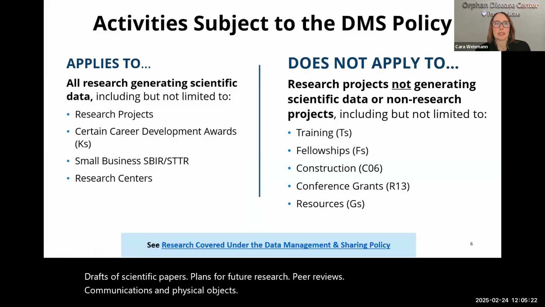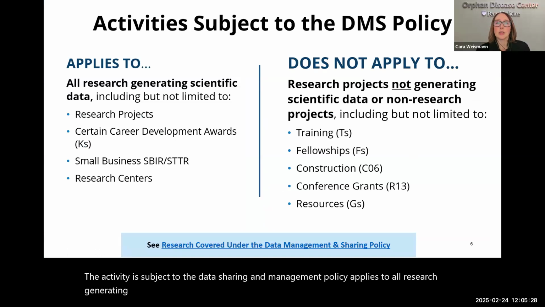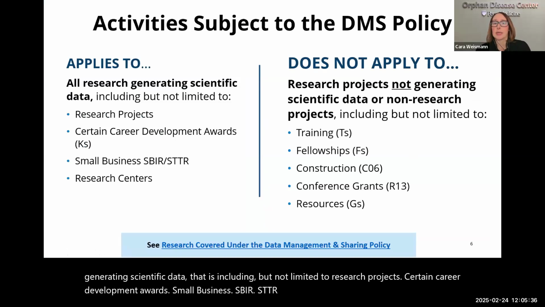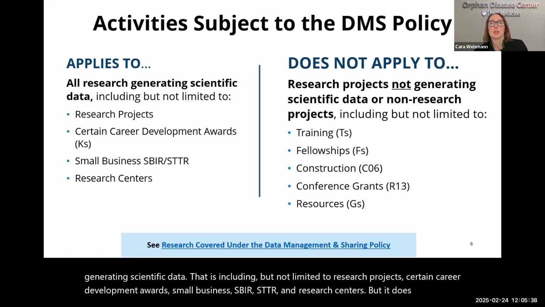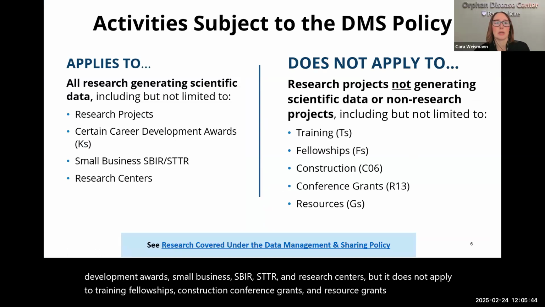The activities subject to the data management and sharing policy include all research generating scientific data. That includes, but is not limited to, research projects, certain career development awards, small business awards (SBIR, STTR), and research centers. But it does not apply to training, fellowships, construction, conference grants, and resource grants with these specific codes.